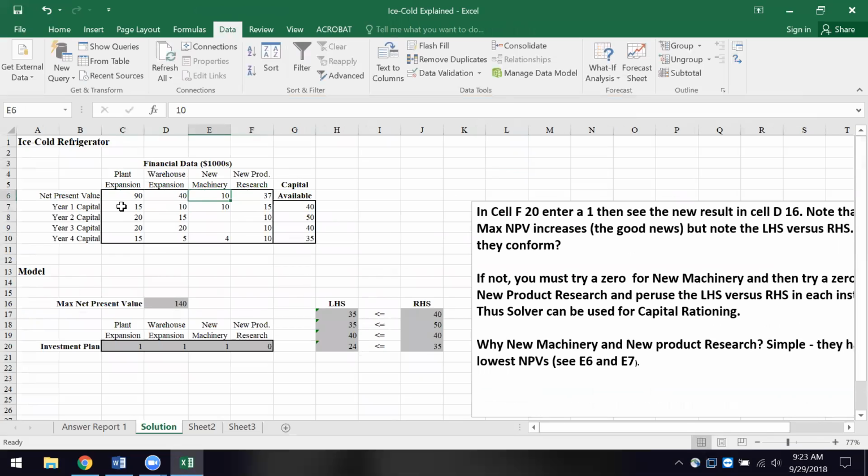And here's the money that I have each year to invest. So that's the available capital. And this is our plan in terms of what we wanted, how we want to spend the money.